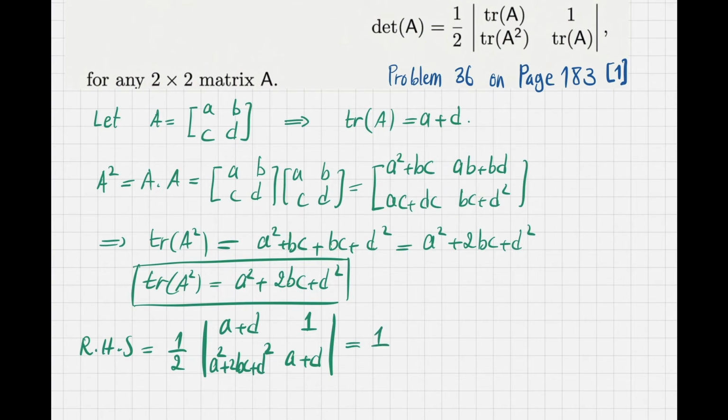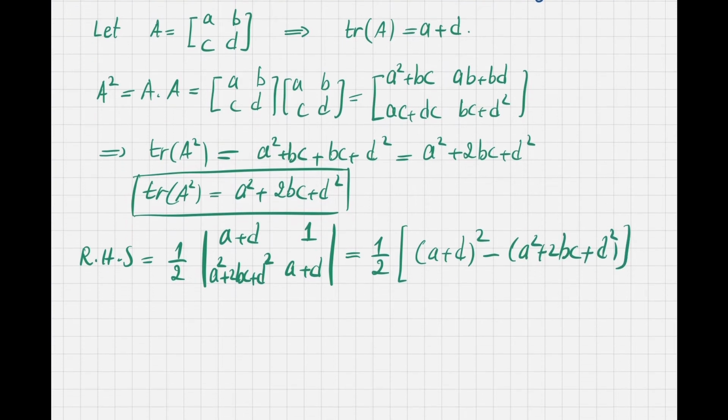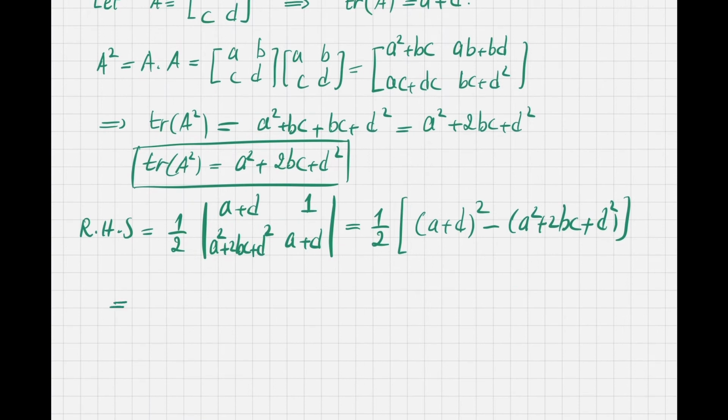So then it becomes 1/2. Then it becomes A plus D times A plus D, which is A plus D to the 2, minus A squared plus 2BC plus D squared. And then I expand and simplify this expression, yes? So this becomes 1/2. Then I use the quadratic rule, the first one to the 2 times the first one times the second one to the 2.